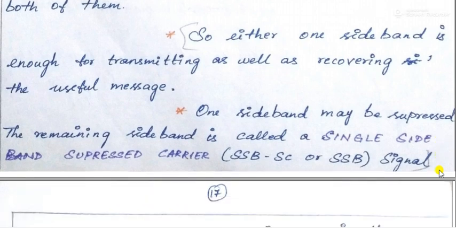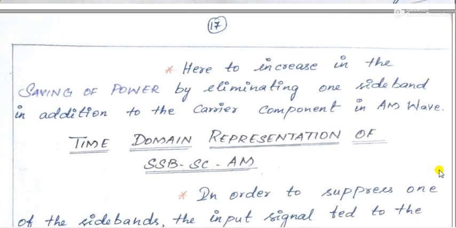The remaining sideband is called single sideband suppressed carrier because both the upper sideband and lower sideband carry the same information. So here we have suppressed one sideband, hence increasing the savings of power by eliminating one sideband in addition to the carrier component in the AM waveform.